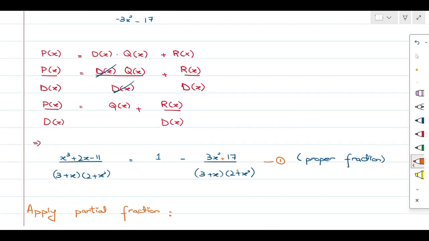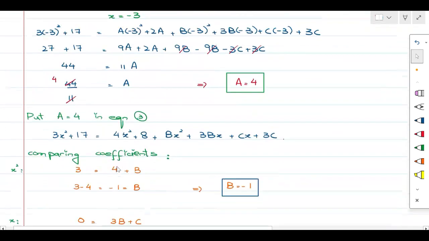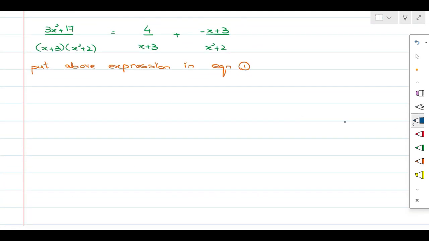Now this equation over here: x cube plus 2x minus 11 divided by 3 plus x, 2 plus x square, that is equals to 1 minus this whole thing.